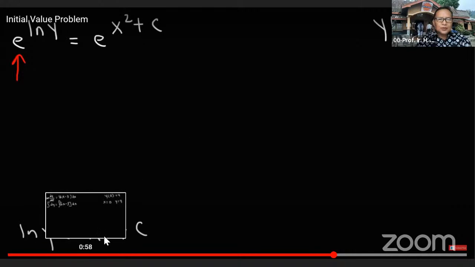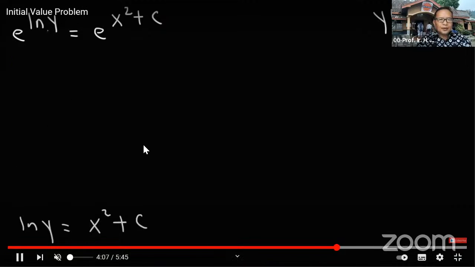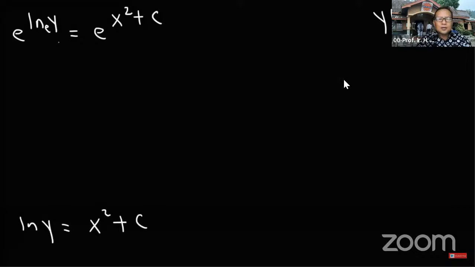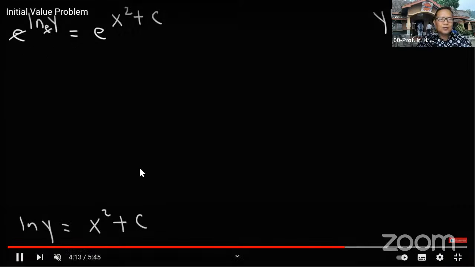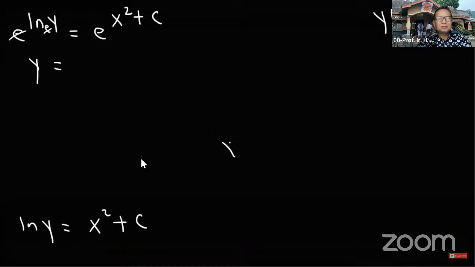Okay, let us continue. And then we continue using this rule of e to the power of something. We have e to the power of something, for example e to the x squared plus c.